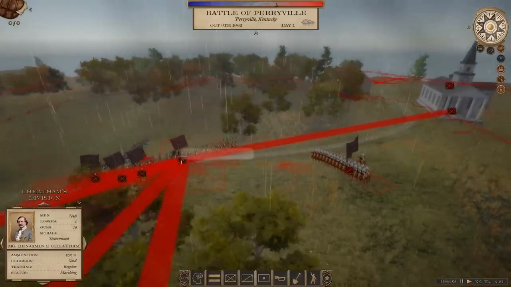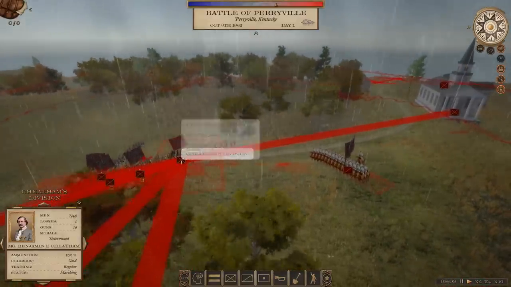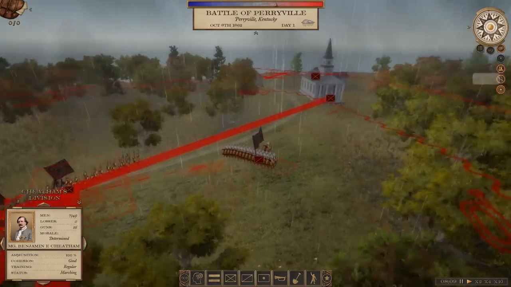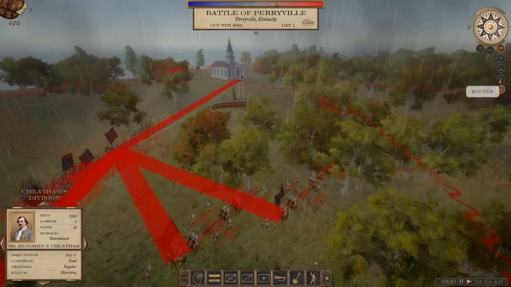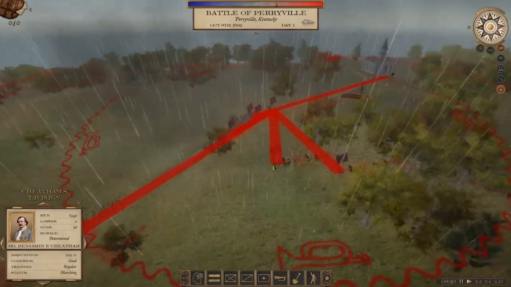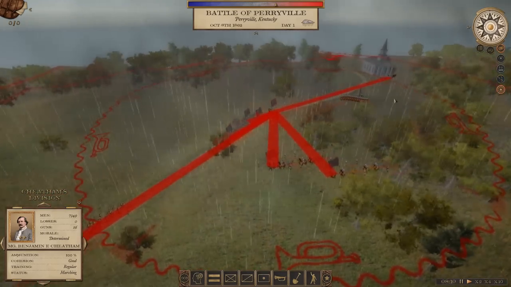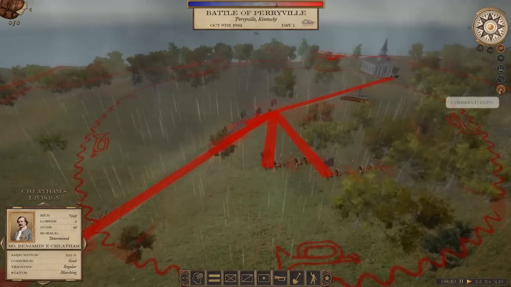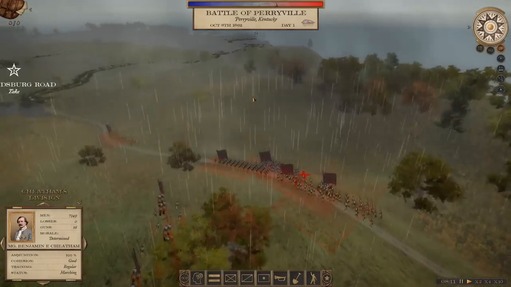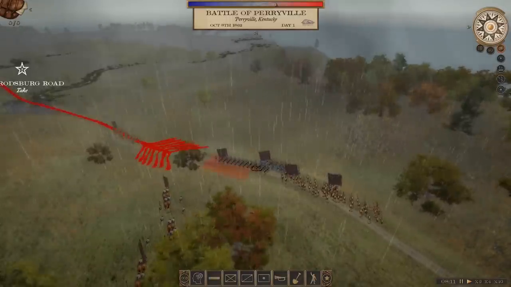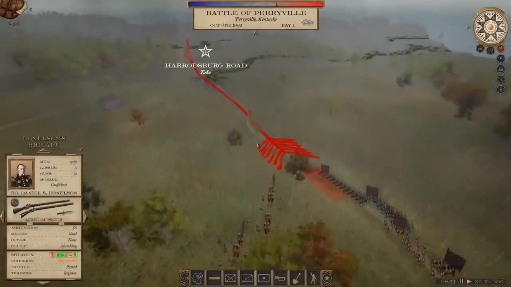Then each unit has the icon that offers the tooltip. Those can also be switched off. If we switch off routes, only the route of the selected unit is shown. And if we turn off commander information, we further tidy the view, so basically we only see which unit is selected and its route.